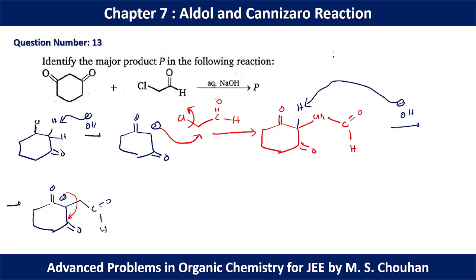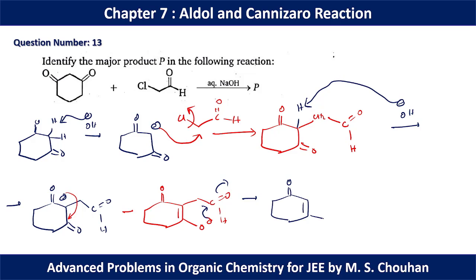Now this negative charge is in resonating form, so we can have one canonical form like this, and in the very next step this negative charge can approach this carbon to have the final situation, which will look like this.